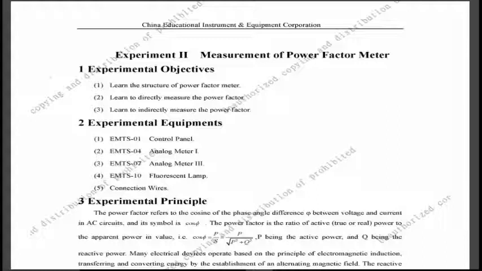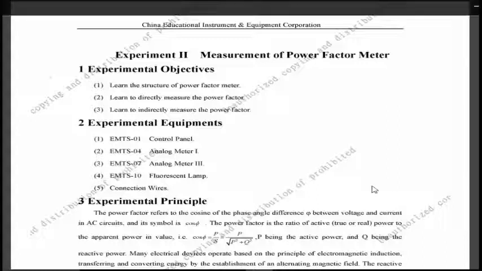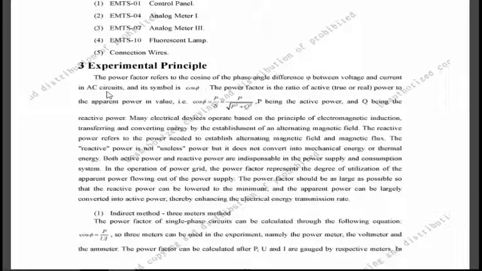Now let's see the experimental principles. The power factor refers to the cosine of the phase angle difference between the voltage and the current in an AC circuit, and its symbol is cos theta.